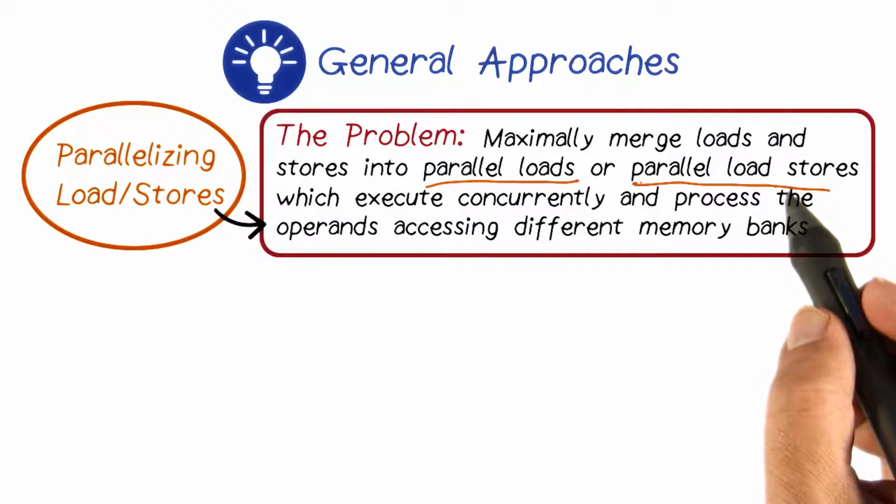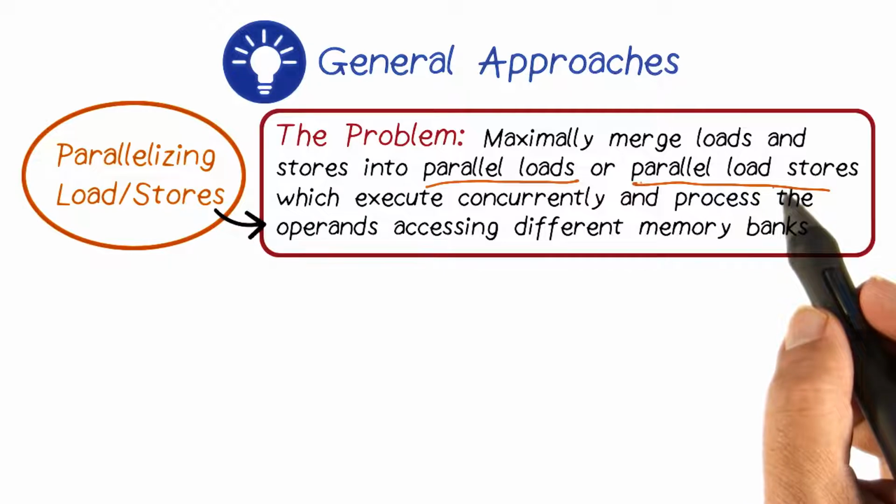The memory is organized in terms of memory banks, typically called X memory and Y memory. And the idea is to execute the loads from both of these banks in parallel so that the operands are accessed without any more delays.